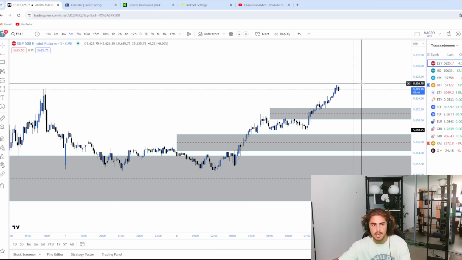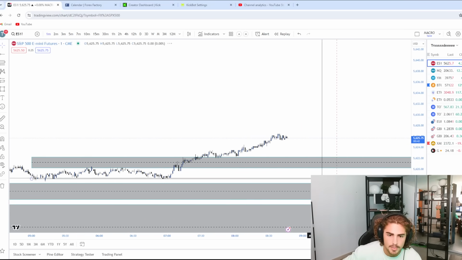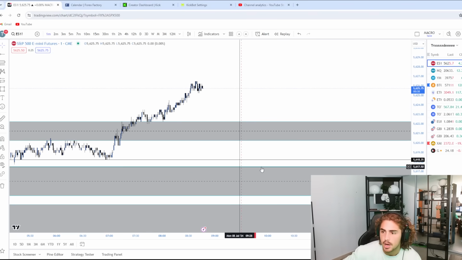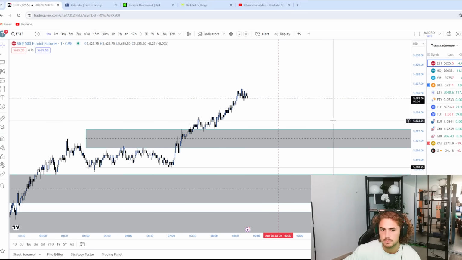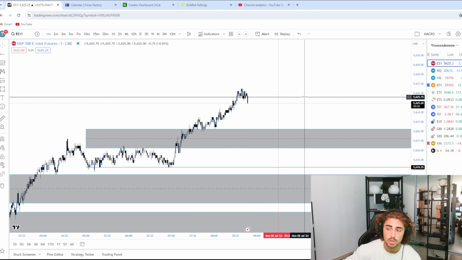And once they get hit, what am I going to do? I'm more than likely going to scale down into the 1 minute time frame, and I'm going to look for confluences on why I should go long, such as this imbalance getting filled, potential break of structure or inverse fair value gap, and then after that, fair value gap, equilibrium, or order block entry.